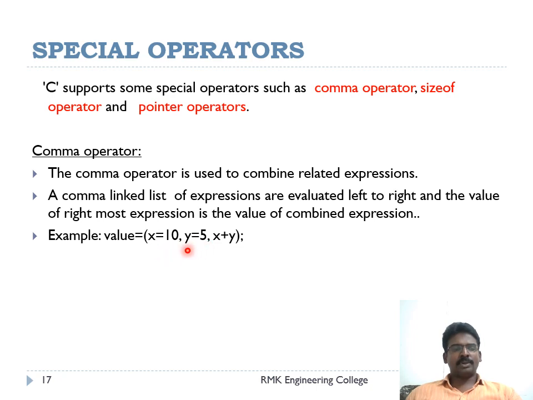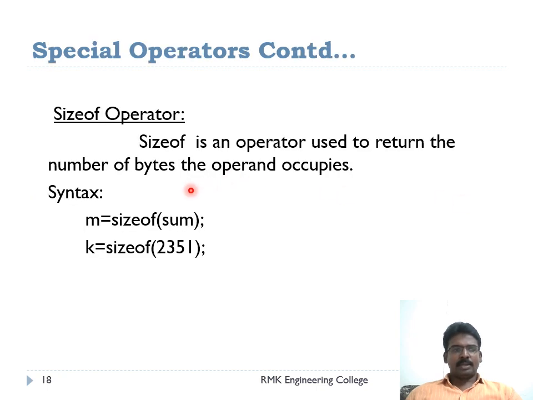To separate these two expressions, we are using the comma operator. This performs a special operation, so it comes under the special operators section. This is one of the most important special operators that we use in C and C++ programming. They have a major contribution in many applications.